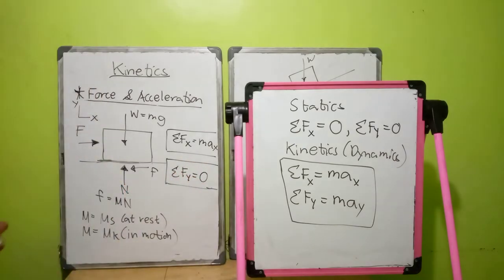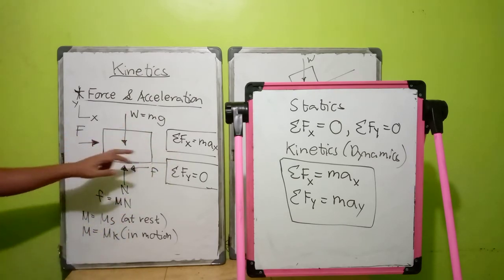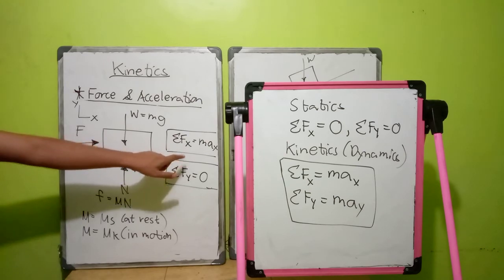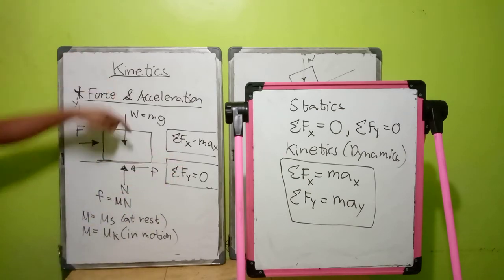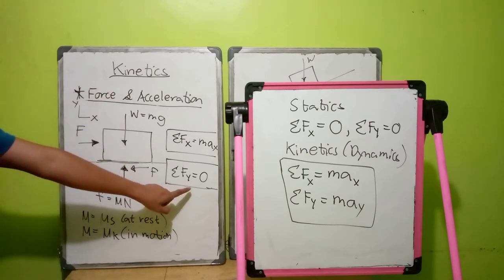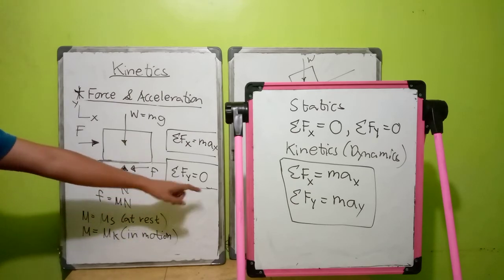So meaning, it is possible that in the x direction it is dynamics. You use the second law of motion because it's dynamics. Here, since it is not moving relative to the y-axis, you sum up forces equal to 0.